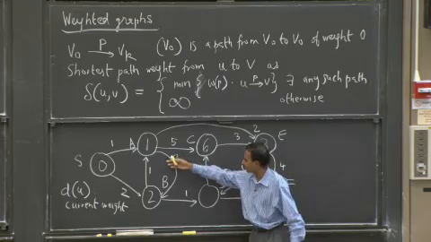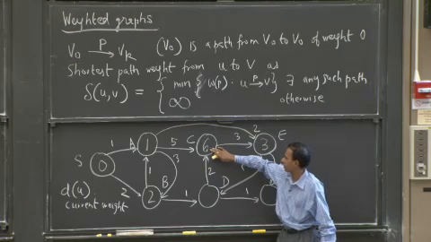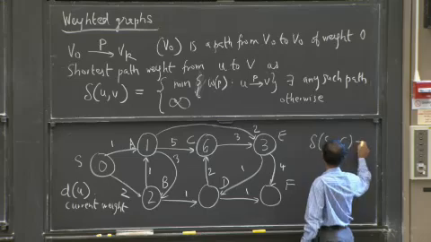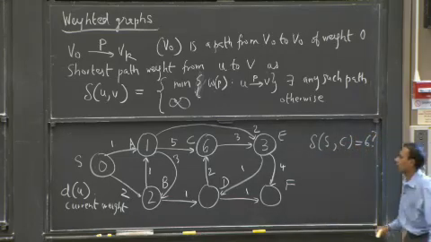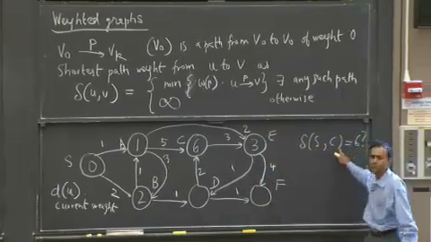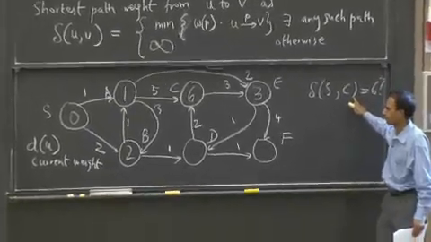Now, is it in fact true that delta S comma C equals 6? No. Is there a better way of getting to C? What is the weight of that? What vertex do I have to go through?